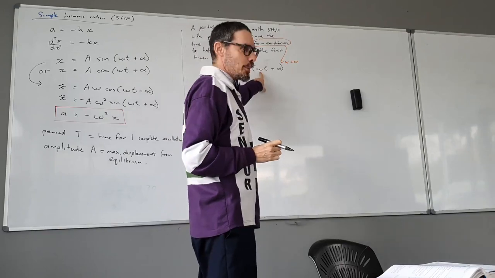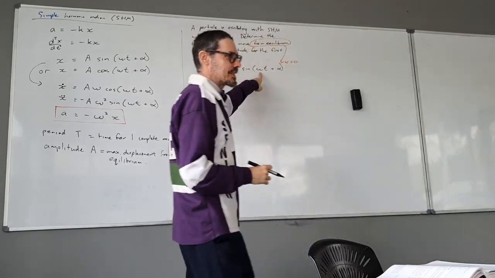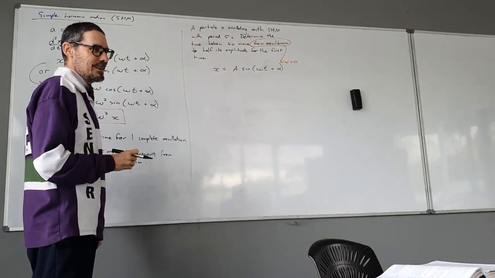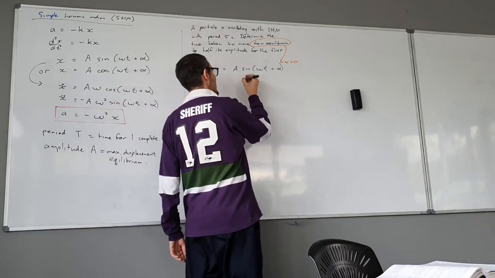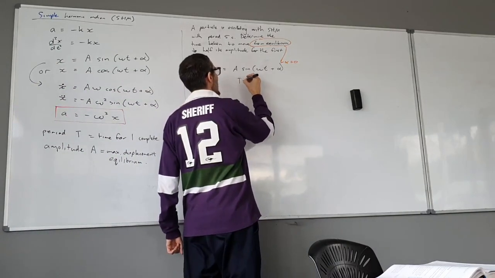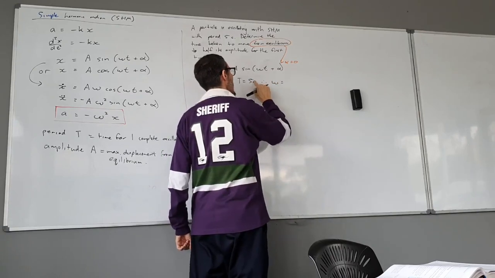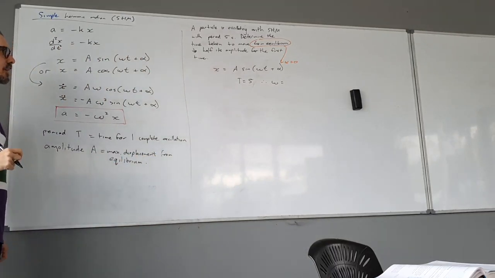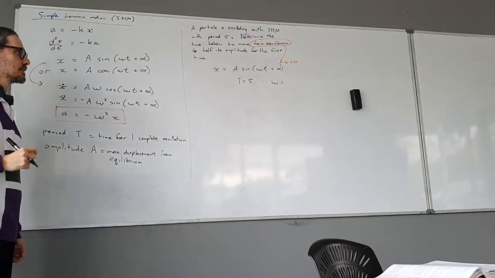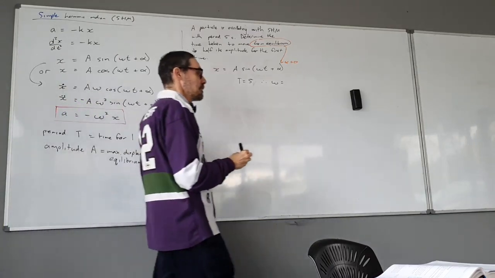Can I work out what omega is? How do I work out what omega is? You've all done this modelling? Is it the same way you do it for sine? 2 pi on 5?